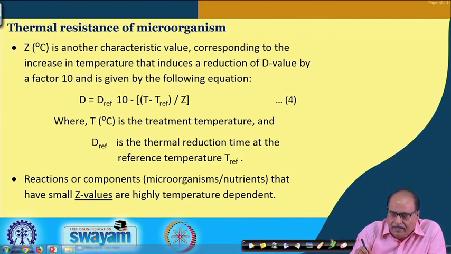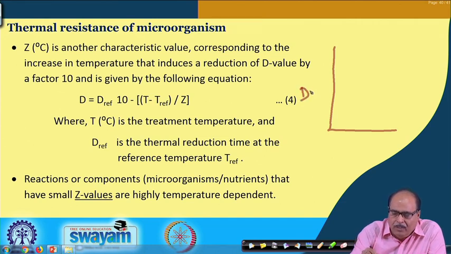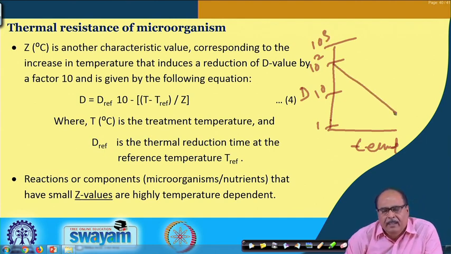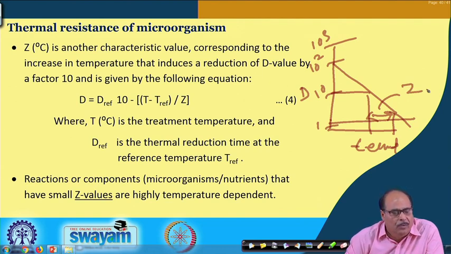Like D value, where the log number of survivors was plotted against time, if D value is plotted against temperature on a semi log cycle, 1, 10, 10 to the power 2, 10 to the power 3 and so on, we get a straight line, and the slope of this curve is Z value.